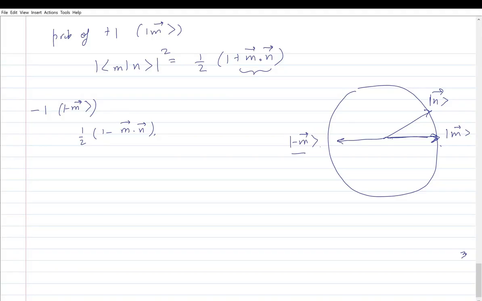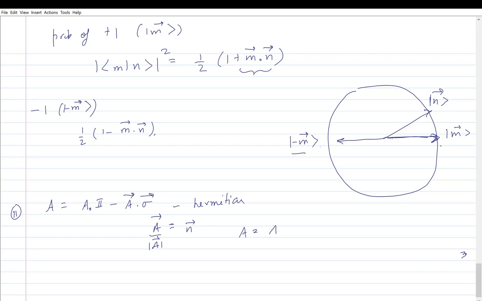Okay, now let me consider this particular operator. Let's say I have an operator, the Hermitian operator. Once again I define the unit vector n.